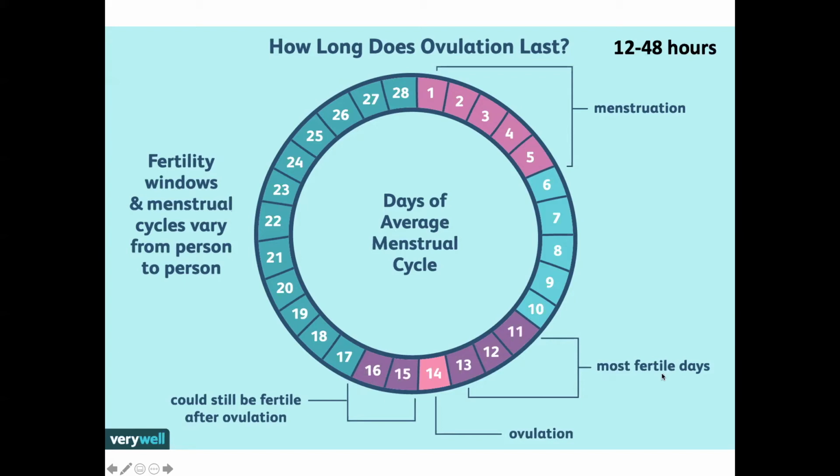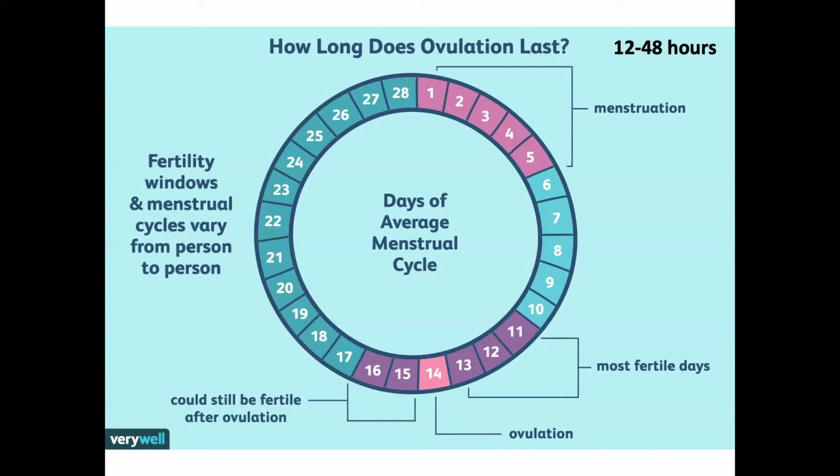After ovulation, there are still a couple of days that can be fertile too, although the chance after 17 days is very little. Although the fertilization windows and menstrual cycles vary from person to person, if a woman has very accurate cycles, it might be easier for her to manage fertilization or even contraception.